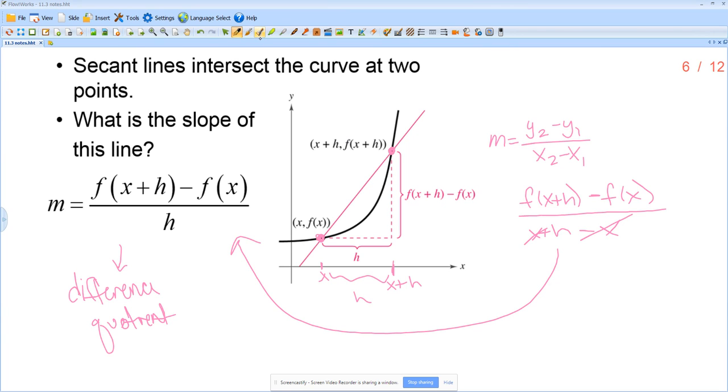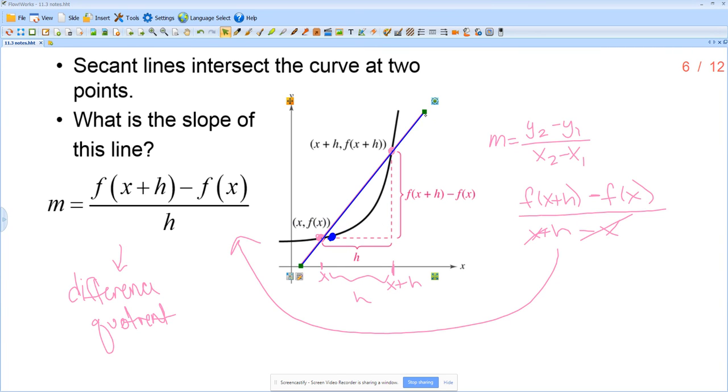What we want to do is take this point, and I'm going to make it a different color for emphasis. I'm starting at x comma f of x, and I want to take this point and move it closer and closer towards the original point.